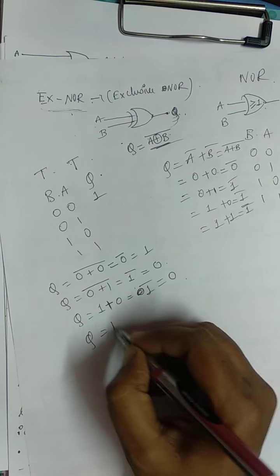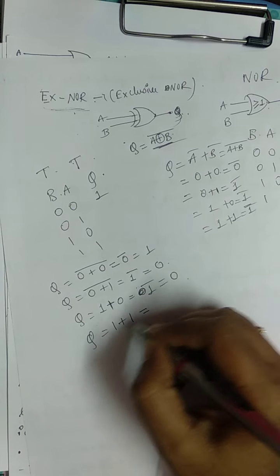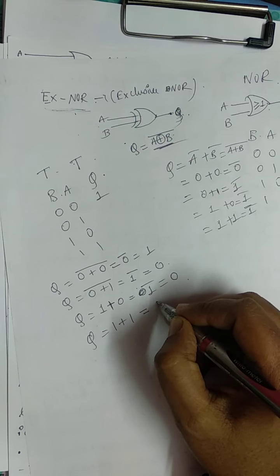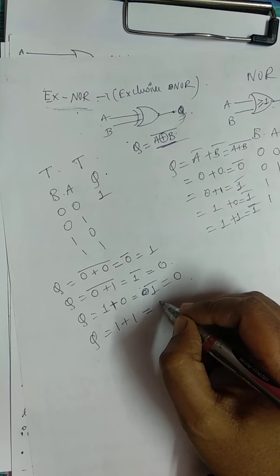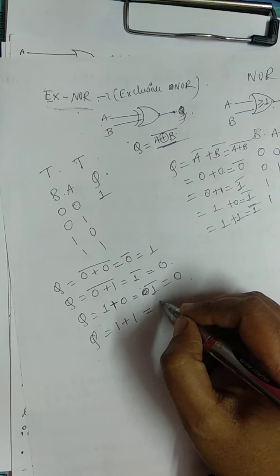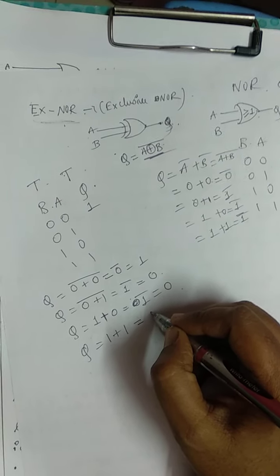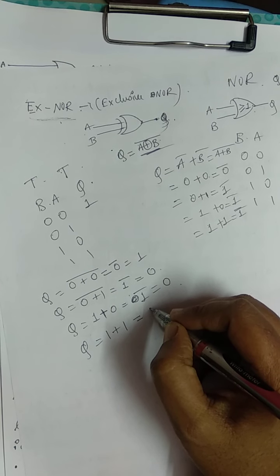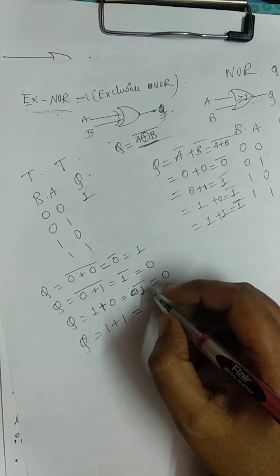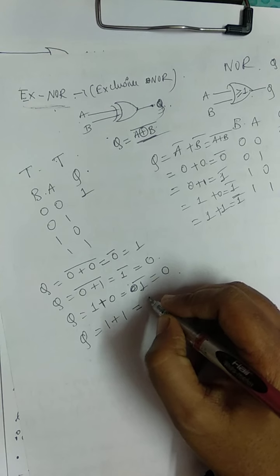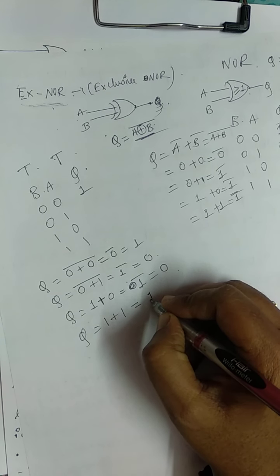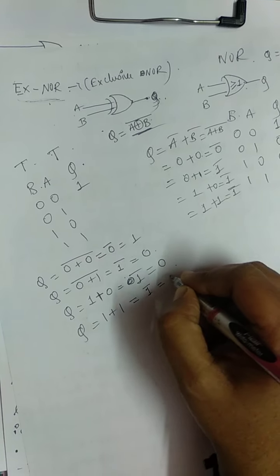So when both the inputs are on, 1 plus 1 is 1.